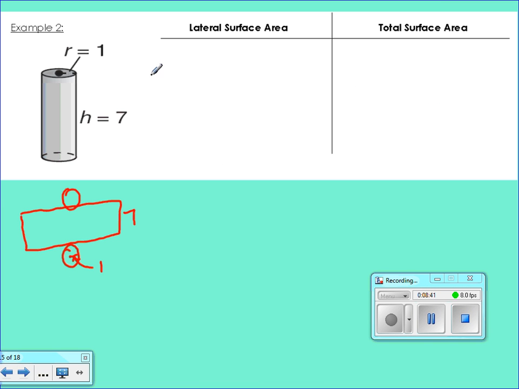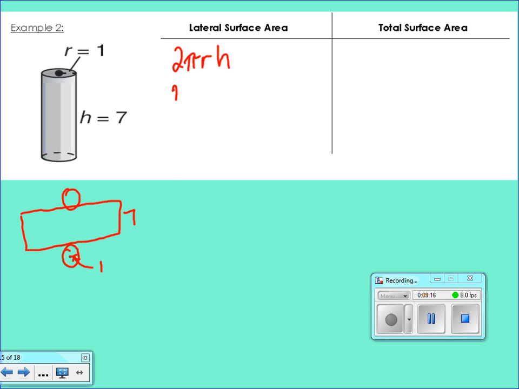Okay, so for our lateral surface area, this is going to be the rectangle, the face. What formula do we use to find the face? Look back at your notes. It's 2 pi r times the height. 2 pi r being the circumference, and then take the circumference times the height to find the lateral surface area.